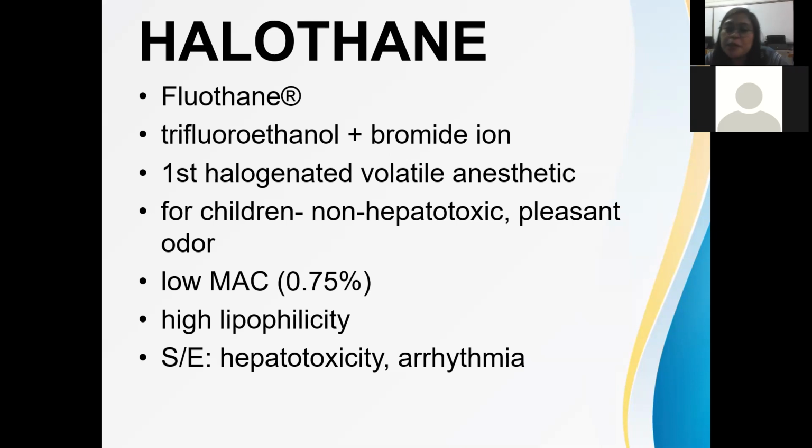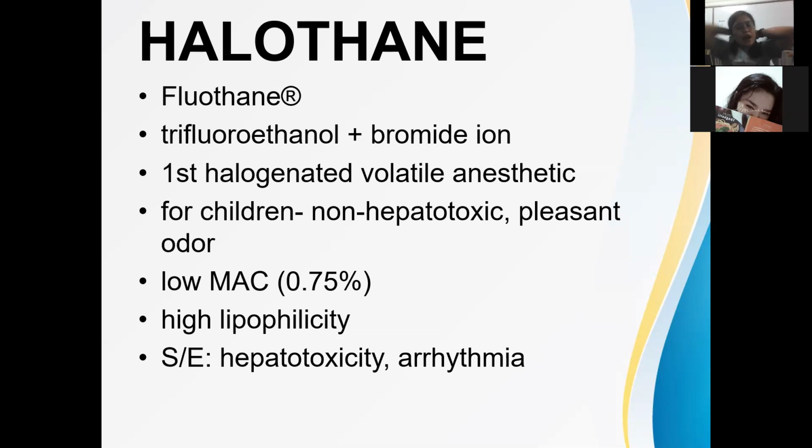So, the MAC of halothane is 0.75%, the concentration that gives the intended effect in 50% of patients. It has high lipophilicity, meaning it dissolves easily in the blood. But the problem with a low MAC is that it is very potent, but its onset of action is slow.